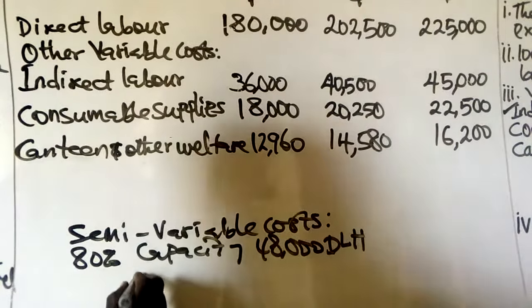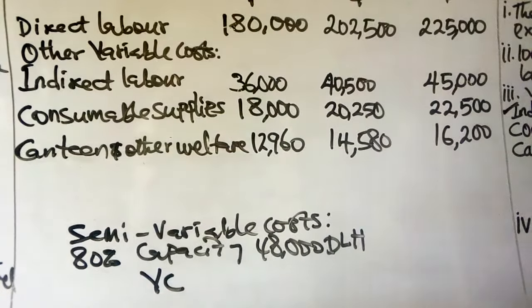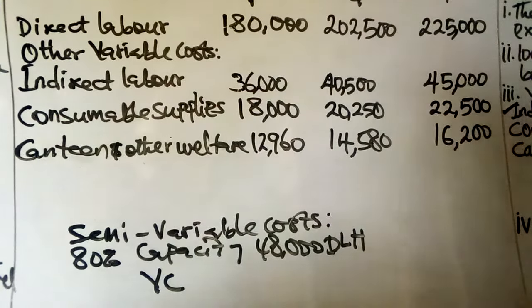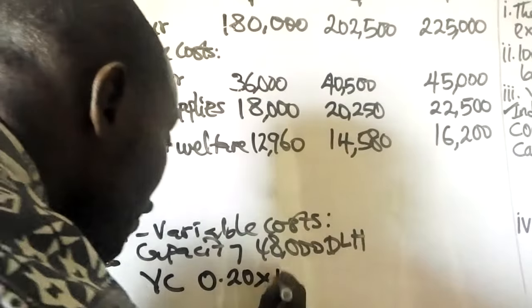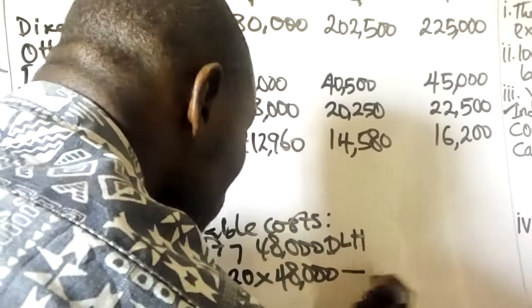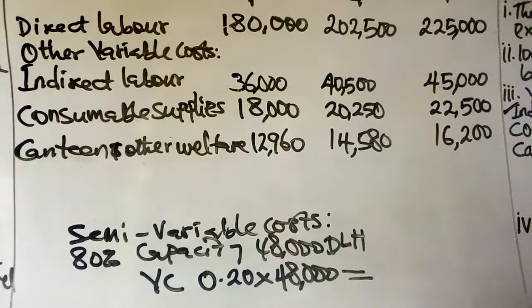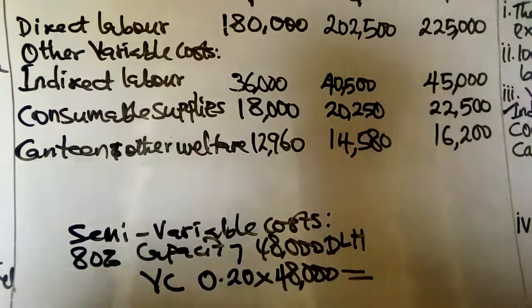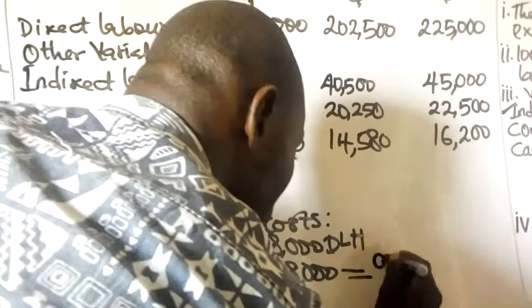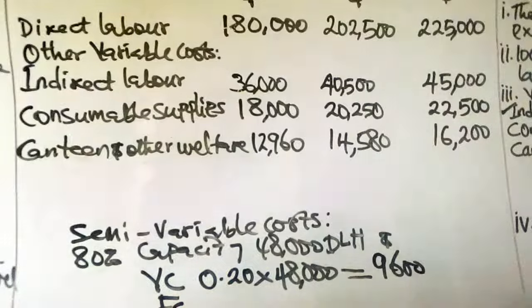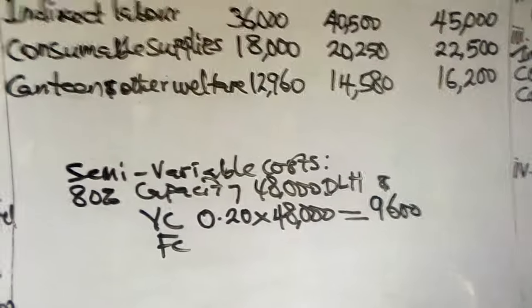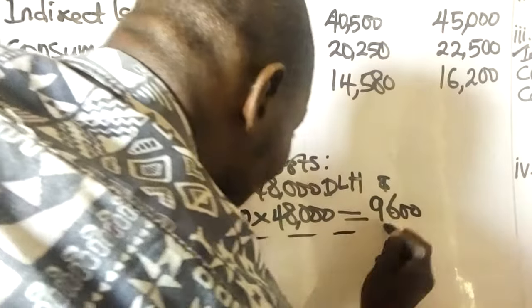Now, how much of it will be variable cost? Remember, the variable cost per direct labor hour has been calculated to be 0.2. 0.2 times 48,000 gives the amount that is variable, and we have 9,600. That means 9,600 is variable. Then the fixed component of semi-variable cost has been calculated to be 8,000.